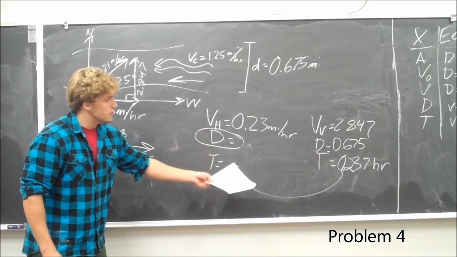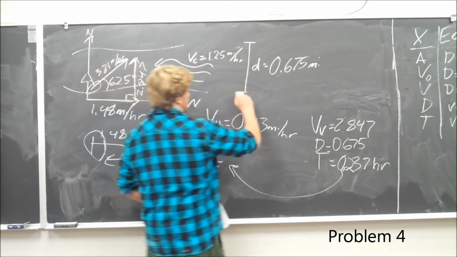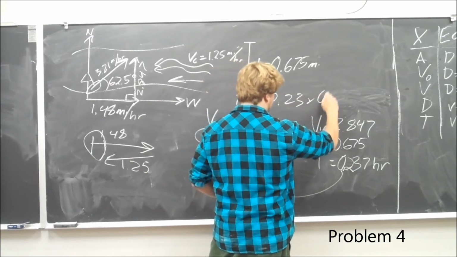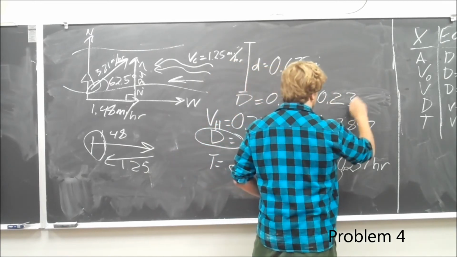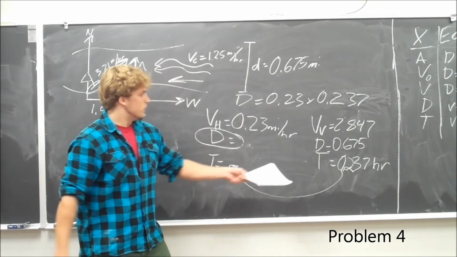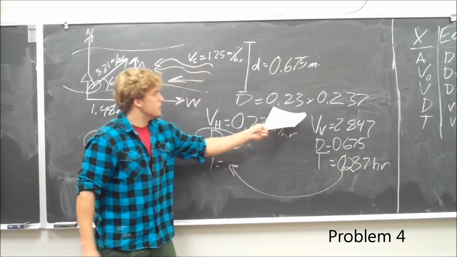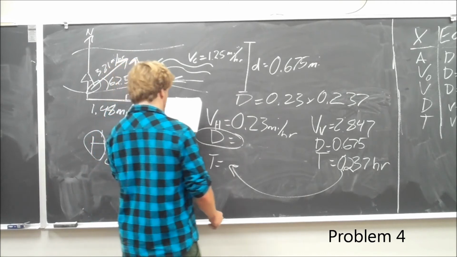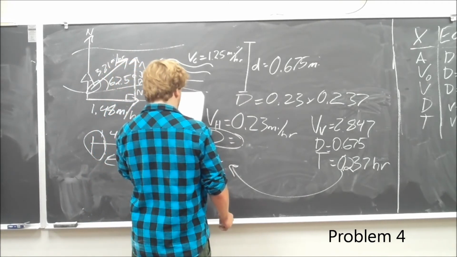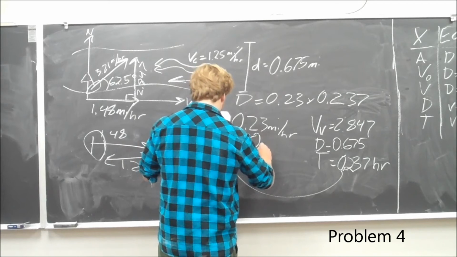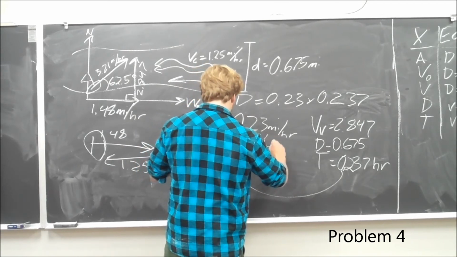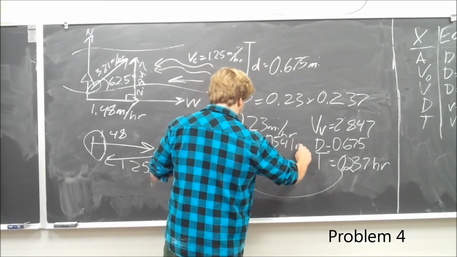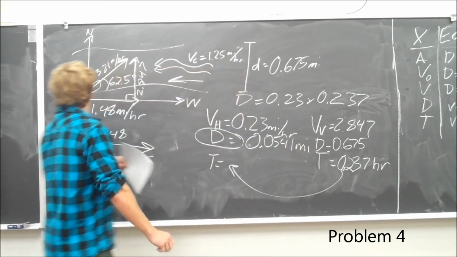Use the same equation. d is equal to 0.23 times 0.237. So that's hours, that's miles per hour. We end up with d is equal to 0.0541 miles.